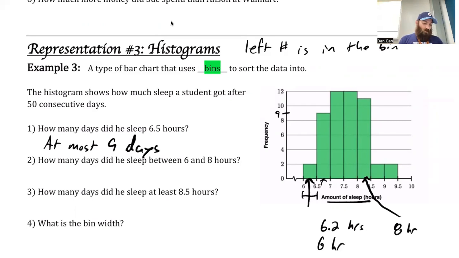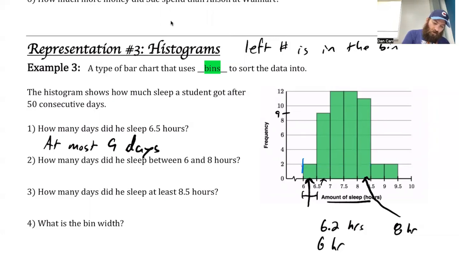How many days did he sleep between 6 and 8 hours? Okay, so again, kind of like we did before, I'm going to look at a range. So 6 hours up to 8 hours is going to go here, but I'm actually going to include that bin there because remember, 8 hours is a part. And actually, you know what, the way I'm reading it says between 6 and 8, so I am going to cut that short.